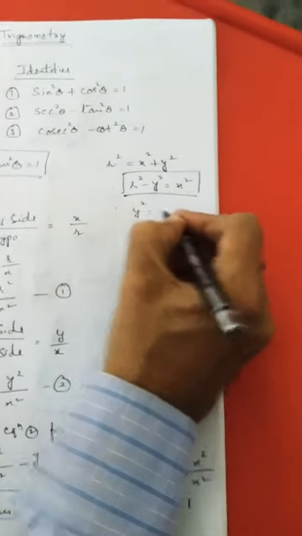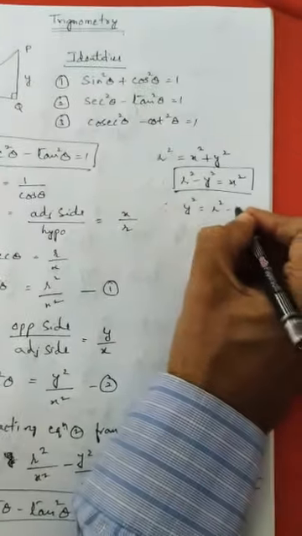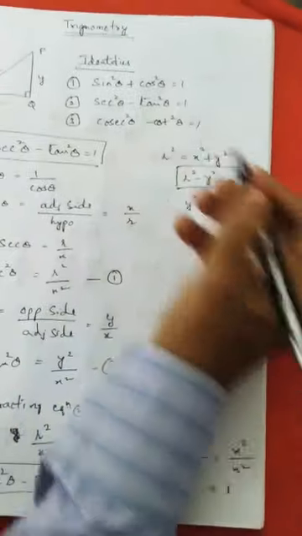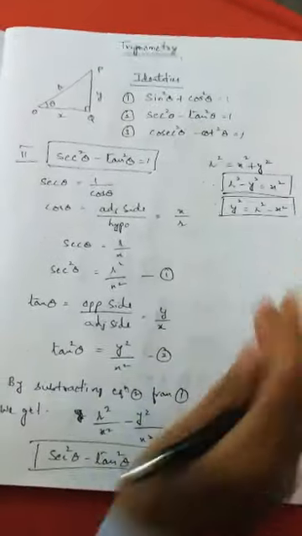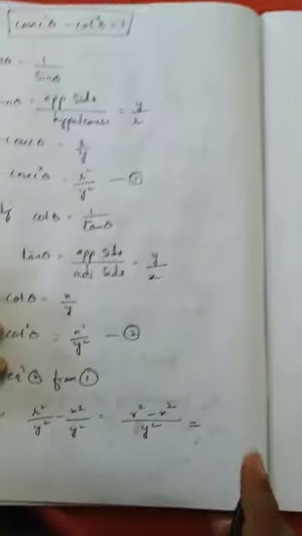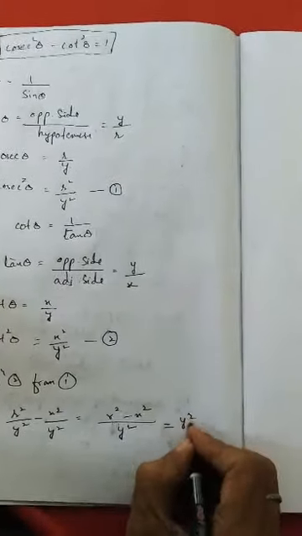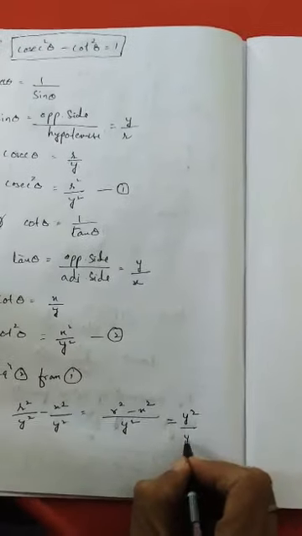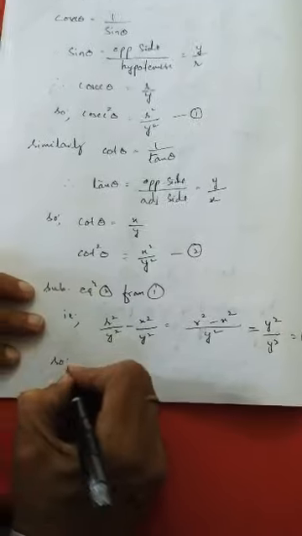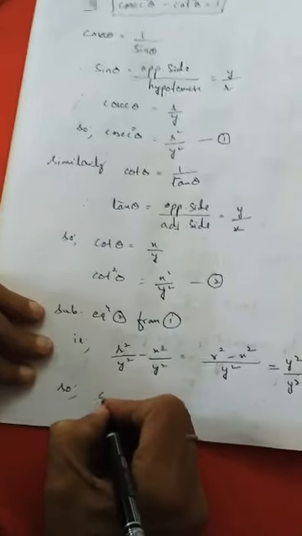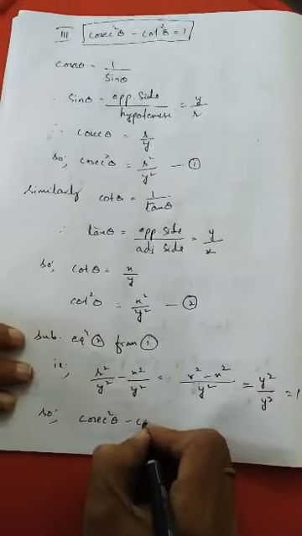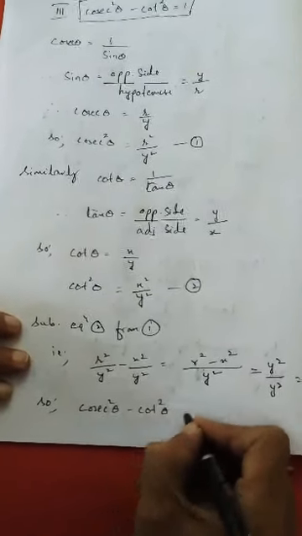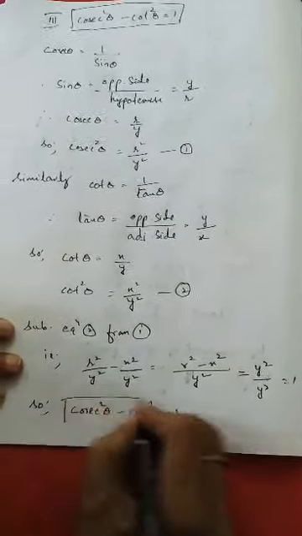Therefore y square is equal to what? R square minus x square. If you bring x square here, this will become minus. So r square minus x square is equal to y square. So here we put y square in place of this. So y square by y square is equal to 1. So from the third identity we proved that cosec square theta minus cot square theta is always equal to 1.